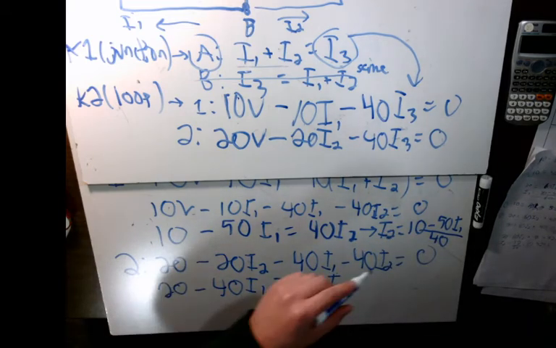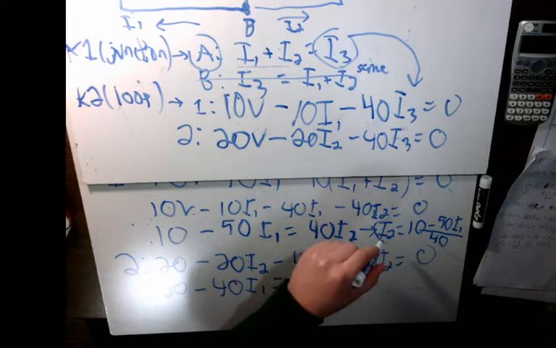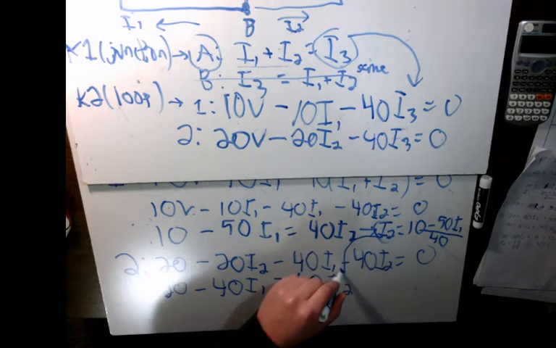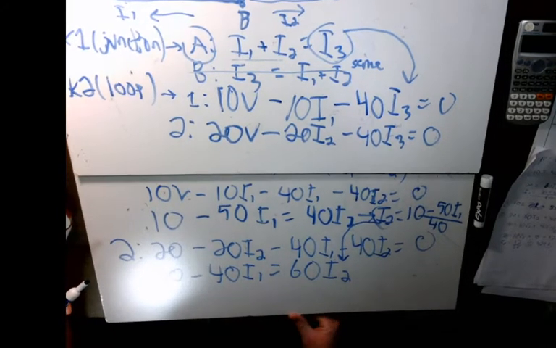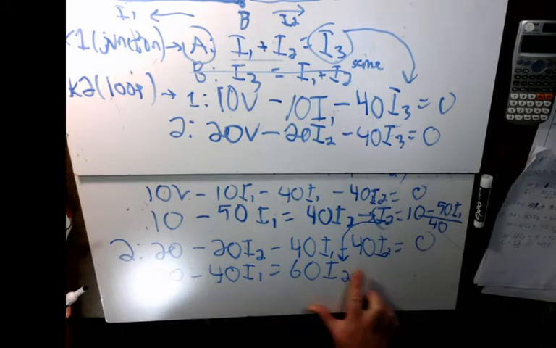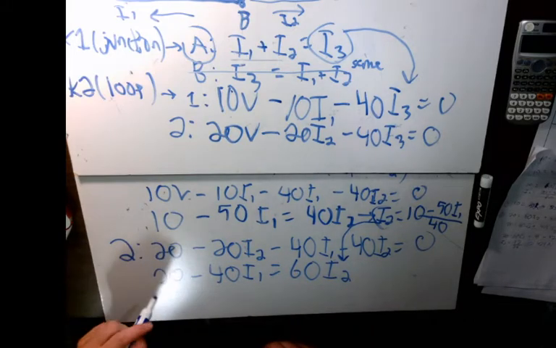And I can bring this I2 now with substitution again into this equation, and I'll have everything in terms of I1. So I actually didn't even need to do this intermediate step here. It'll make it a little bit cleaner, I guess.